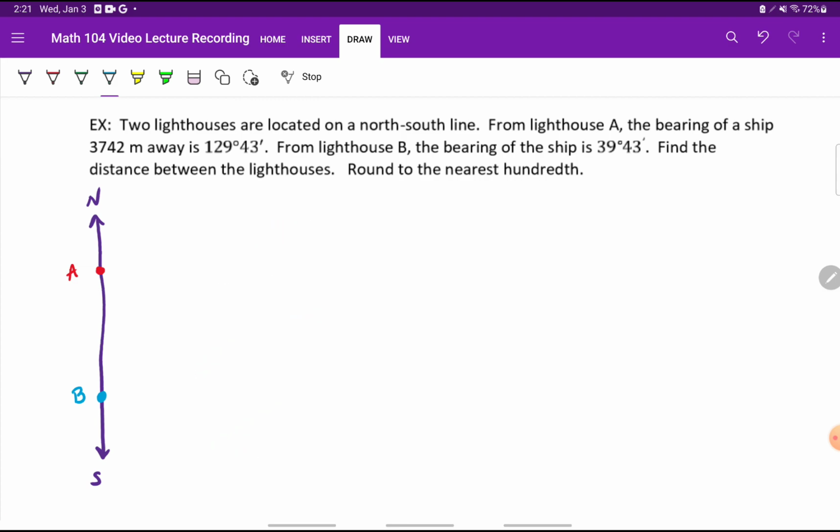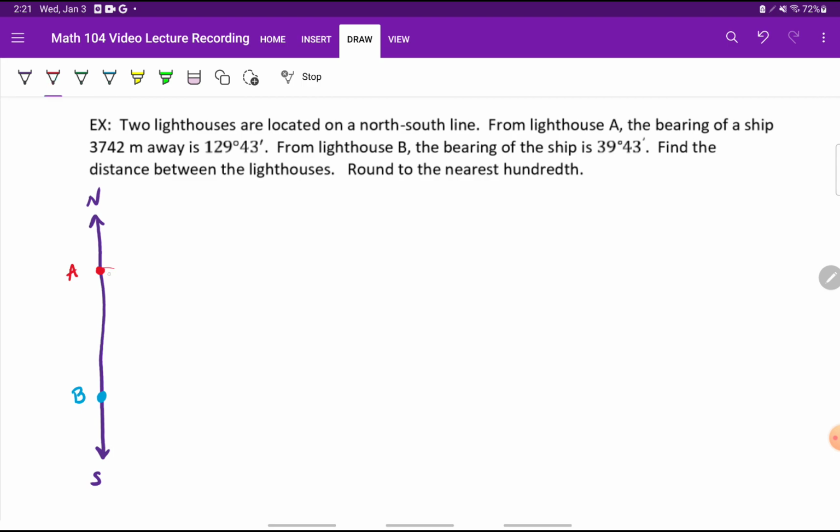From Lighthouse A, the bearing of this ship is 129 degrees 43 minutes. So when they give us a bearing like that, we always start due north, and then we're going to rotate that many degrees.